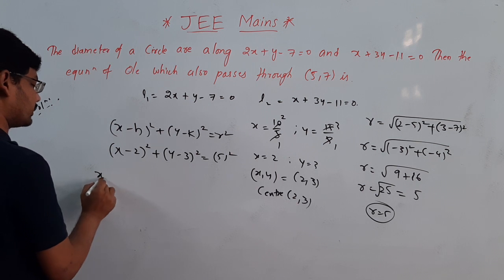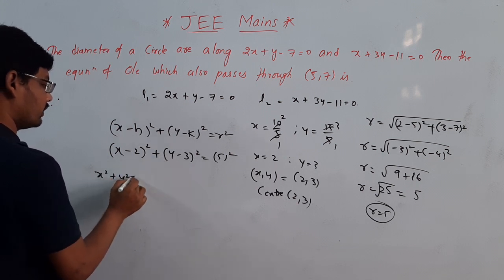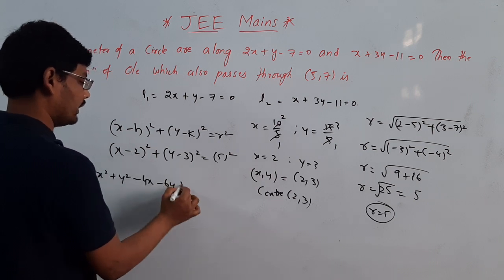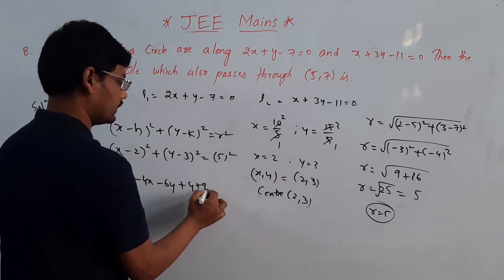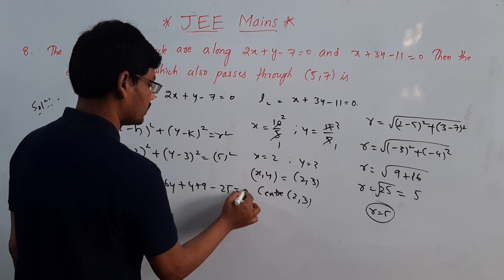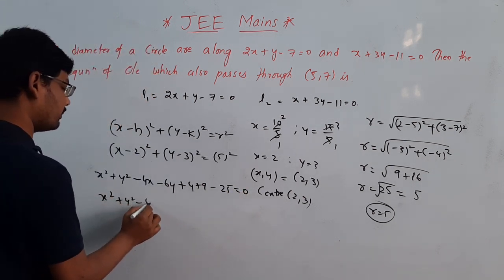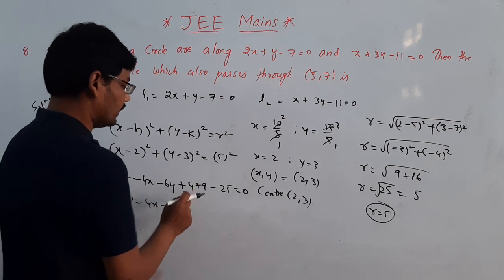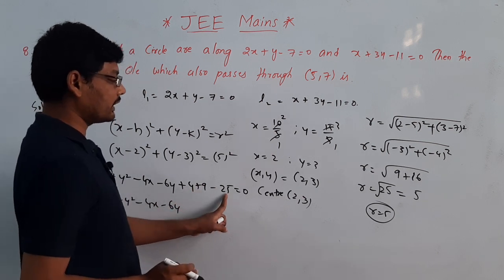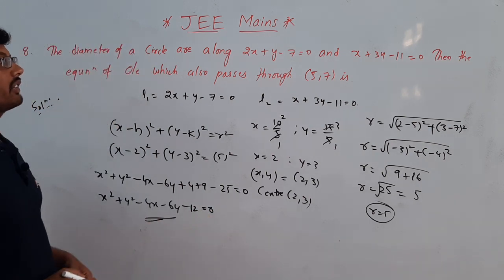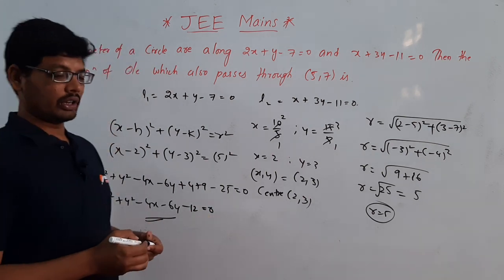Directly writing here: x² + y² − 4x − 6y + 4 + 9 = 13, then 13 − 25 = −12, so x² + y² − 4x − 6y − 12 = 0. This is the equation of the circle for the question given.